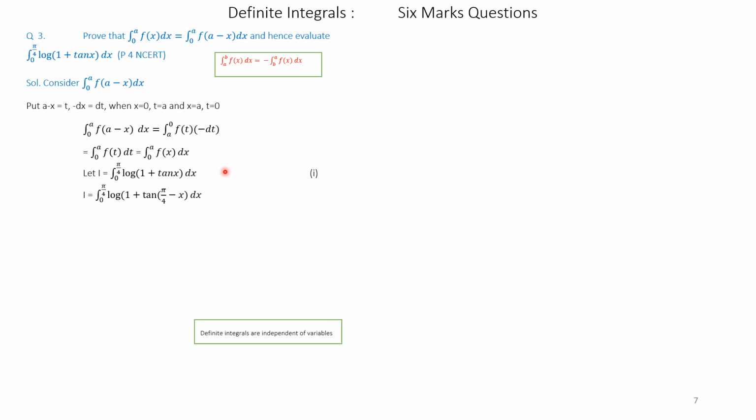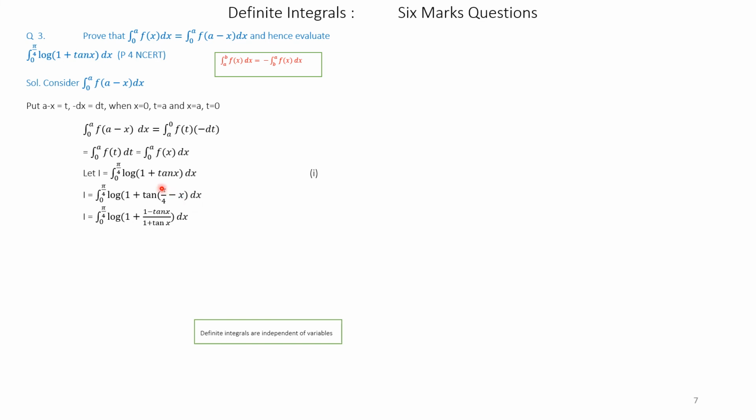And again, from property number 4, f(x) can also be written as I is equal to the integral from 0 to pi by 4 of log of (1 plus tan of (pi by 4 minus x)) dx. That is, using the relationship that the integral from 0 to a of f(x) dx is equal to the integral from 0 to a of f(a minus x).